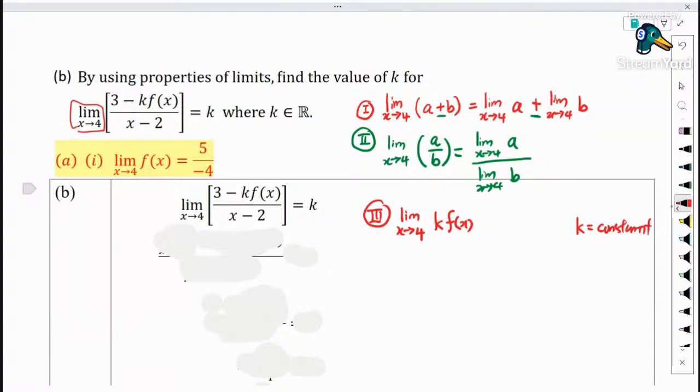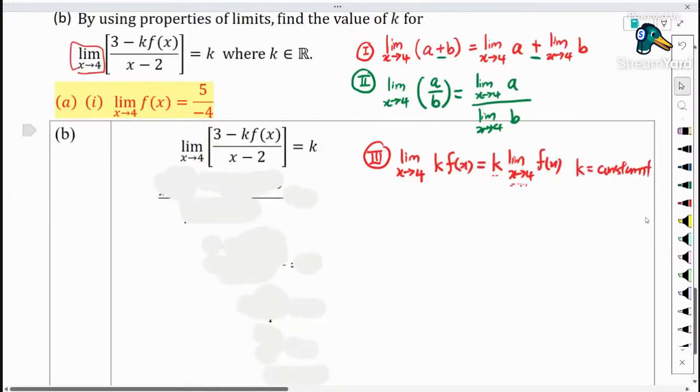So if k is a constant, I can factorize it outside the limits, where this constant won't be affected by x approaching 4. So we can factorize in this way. Okay, then for these three properties, now we try to solve the questions.